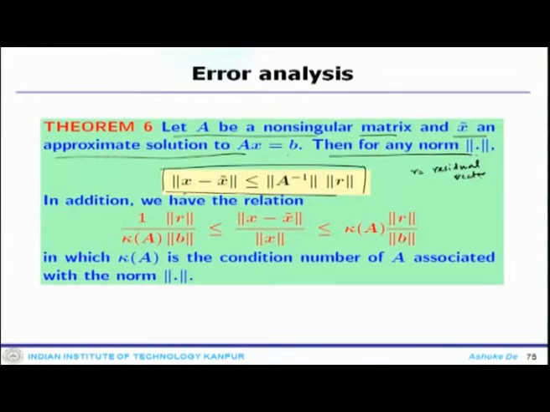Now, we have the relationship that 1 by the condition number of A times the norm of R over the norm of b is less than or equal to this, where K is the condition number and A is associated with the norm.